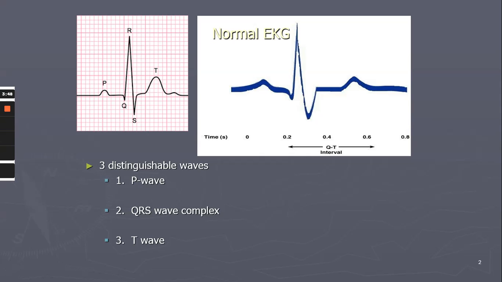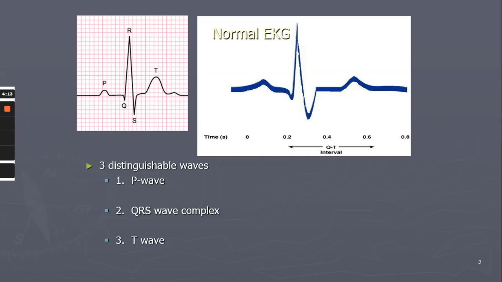So we know now that as the electrical impulse travels throughout the atria, it's going to get that atria to do something. What is it? I hope you said contract. It's going to get those atria to contract. Very good. The second one, the QRS wave complex.